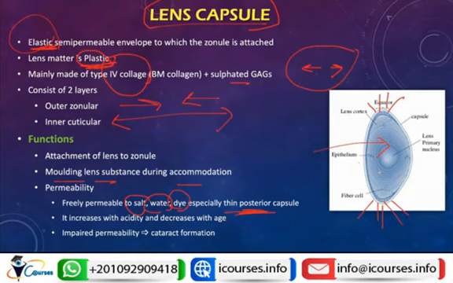This permeability increases with acidity and decreases with age. As the permeability decreases with age, the lens will not acquire the necessary nutrients, and this is one of the mechanisms for cataract formation.